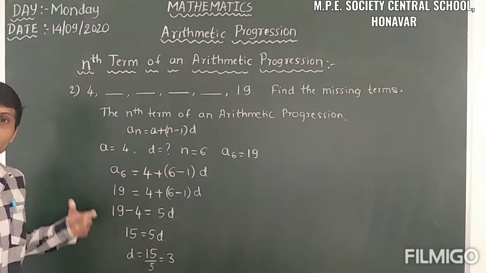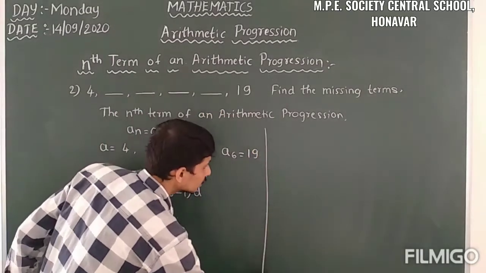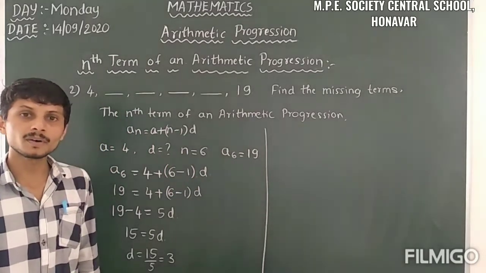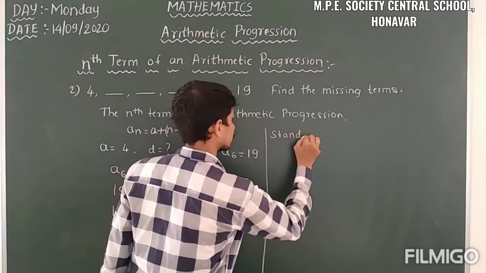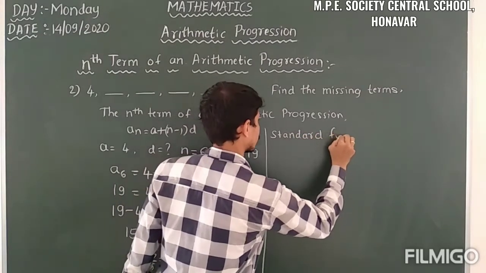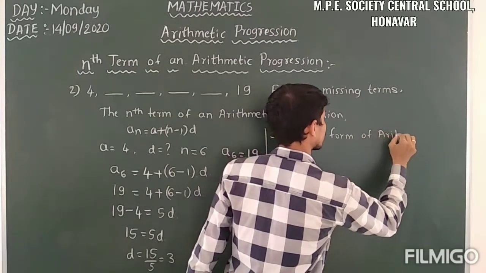Then after that we have to find out the arithmetic progression. How can we find it? With the standard form of arithmetic progression.